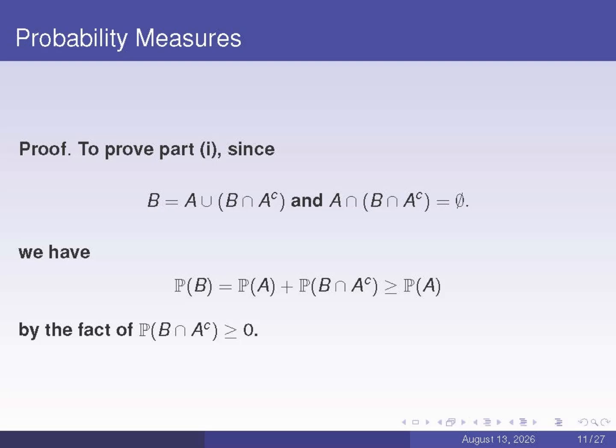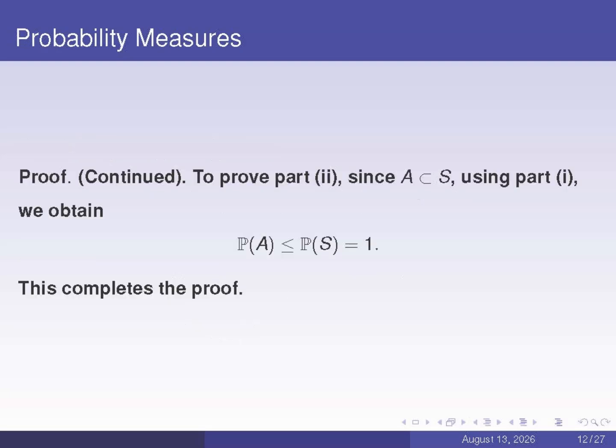Consequently, by the third condition of the probability measure, the probability of event B equals the sum of the individual probabilities of these two mutually exclusive events, as presented in the second to last line. Applying the first condition of the probability measure, that is, the probability of any event is non-negative, yields the result shown in the final line. This completes the proof of the first property.